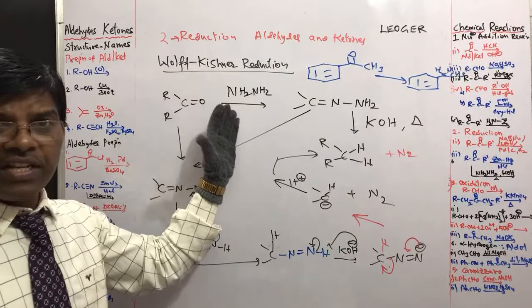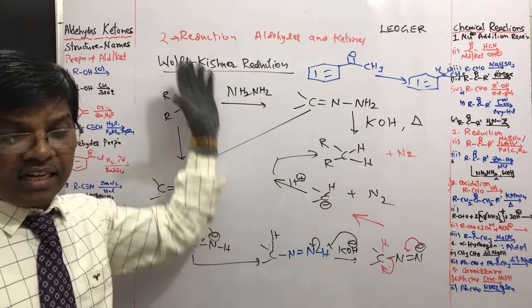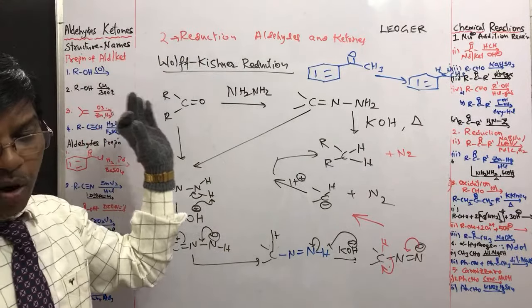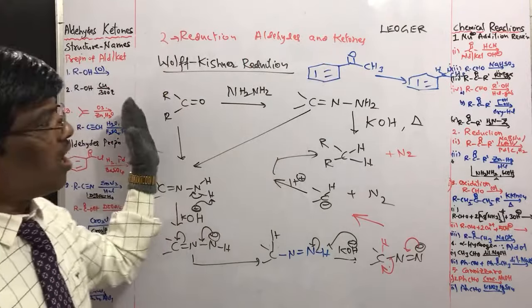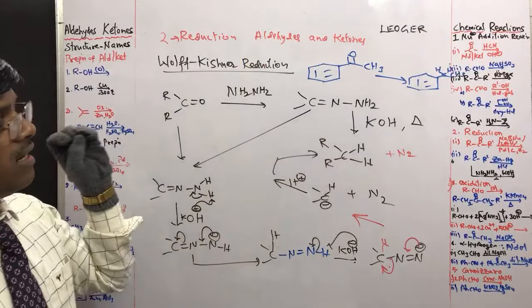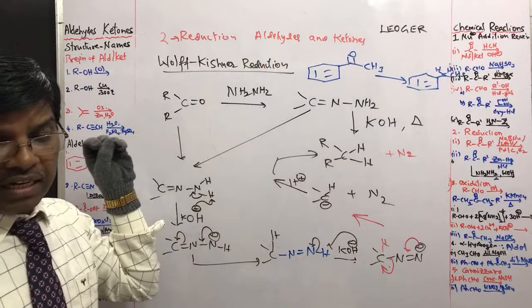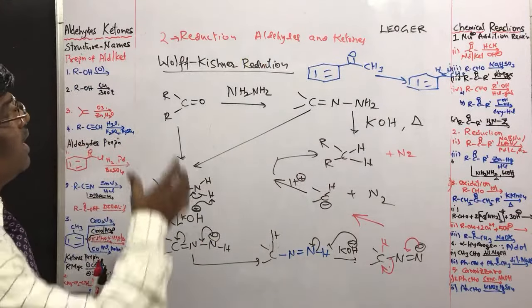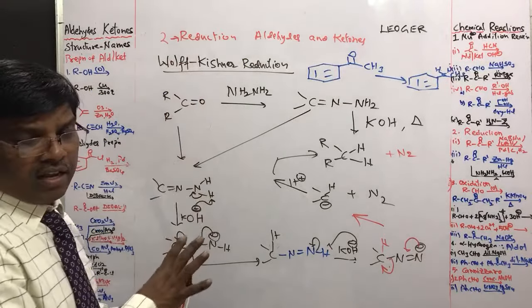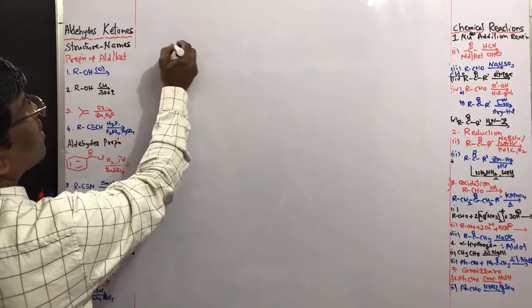So Wolff-Kishner reduction is a base catalyzed reaction, Clemmensen reduction is an acid catalyzed reaction, and the starting materials and products are the same, but the reagents are different. Because of those reagent differences, Clemmensen reduction and Wolff-Kishner reduction have different roles.